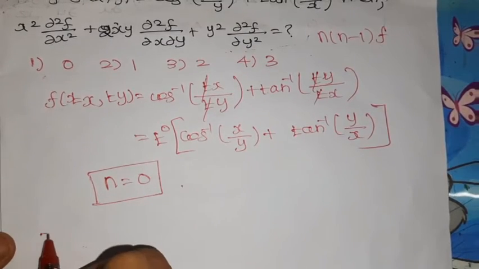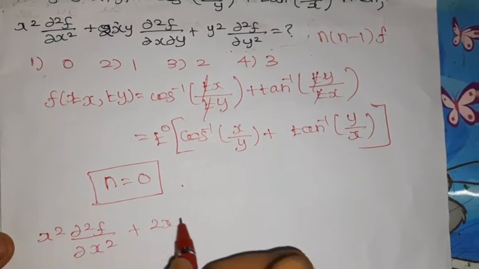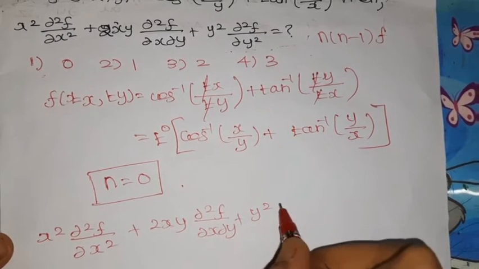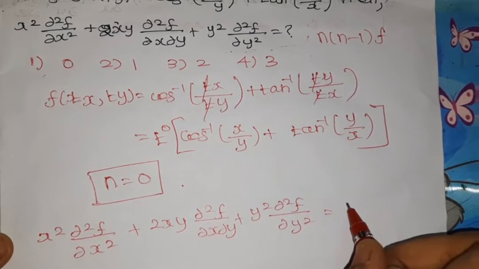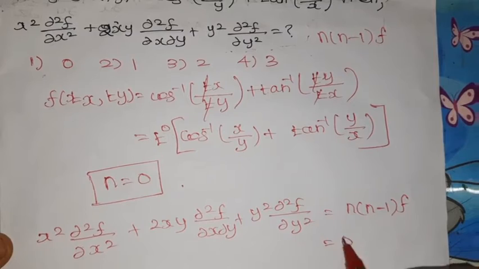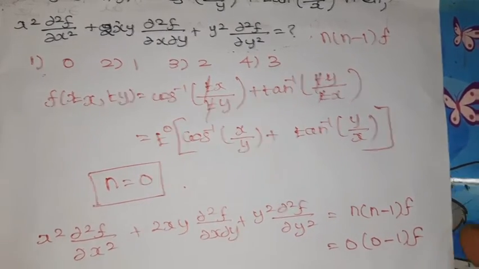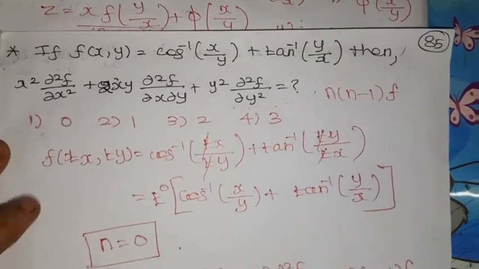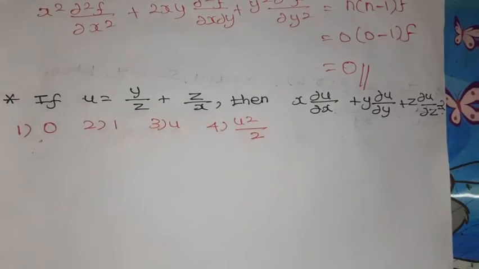Then by extended Euler's theorem, what is the result for this? x squared ∂²f/∂x² + 2xy ∂²f/∂x∂y + y squared ∂²f/∂y² equal to n into n minus 1 into f. So n is nothing but 0, 0 minus 1 into f. 0 multiplied by anything, we will get only 0. So 0 is the right option. Option 1, 0 is the correct option for this question.